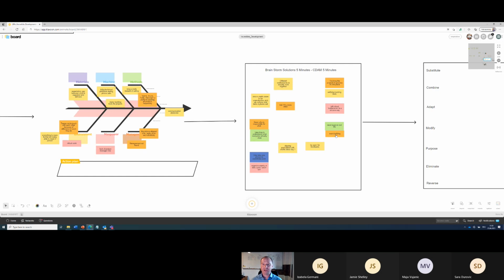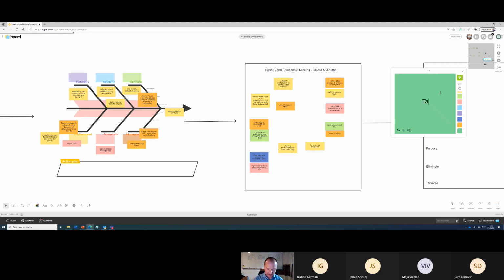So what I'd like you to do is, for the post-it notes that I've already put together, combine them. So if we take these two, for example, know who is responsible for what and take time to understand what everybody actually does, we can combine that into one solution.